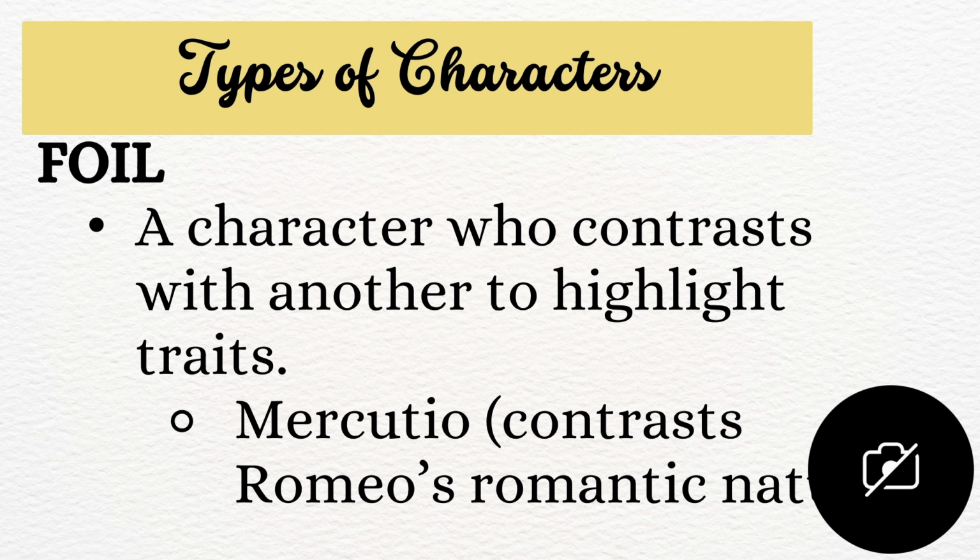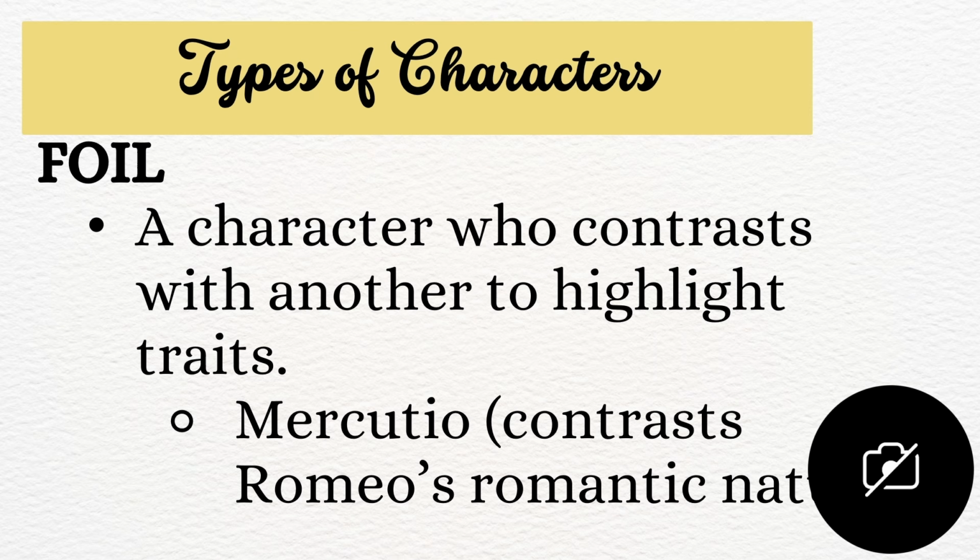Another character, I think it's new to your vocabulary. We call it a foil. If you are a foil, you are the character who contrasts with another to highlight traits. Like you show complete opposite, not only being a good boy and a bad boy, or a bad character in morals, or a good one over a good one.